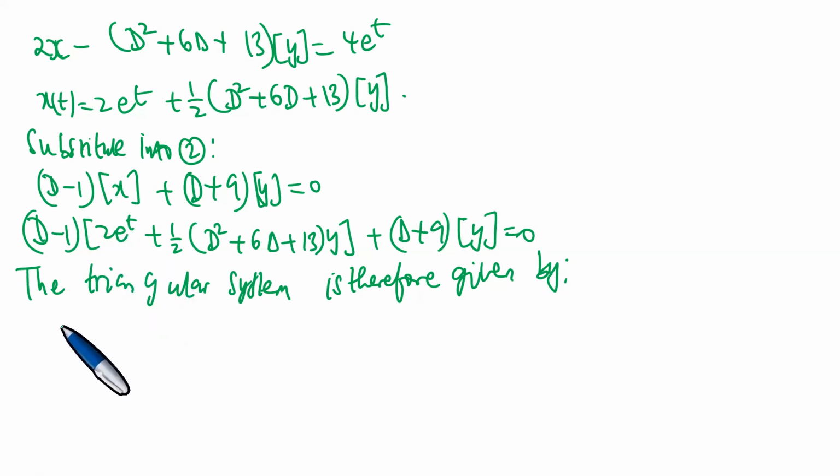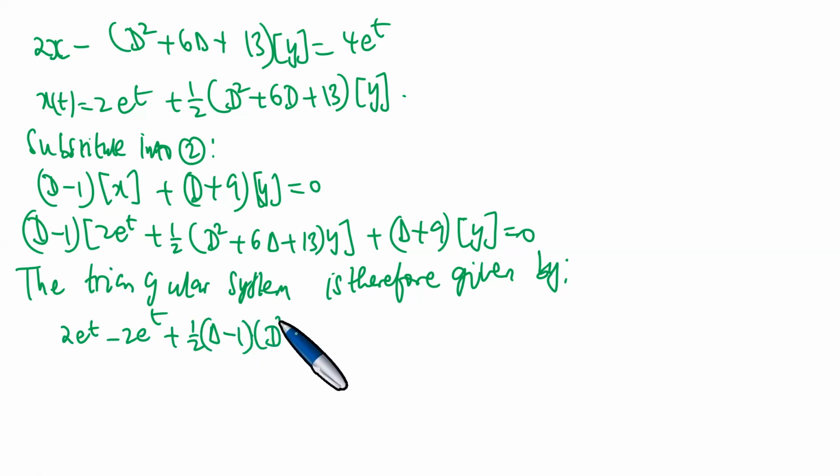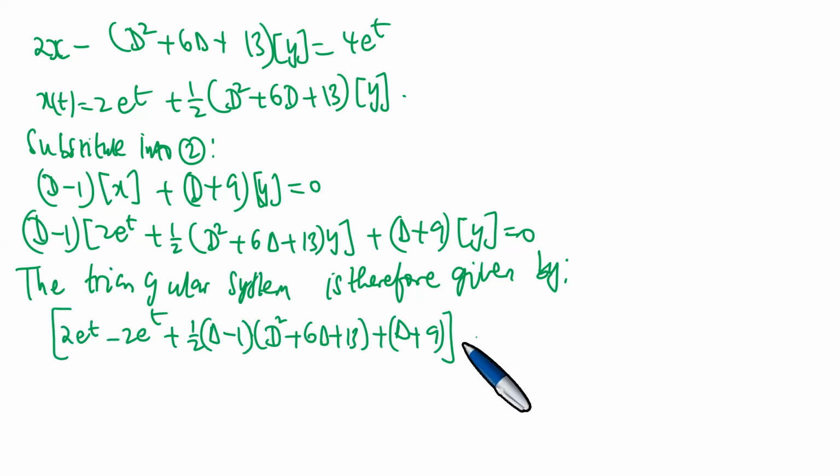So we would have 2e to the t, and then this one minus that, which is minus 2e to the t. Then you multiply this with that, which is plus 1/2 d minus 1 times d squared plus 6d plus 13, plus d plus 9, into y equals 0.